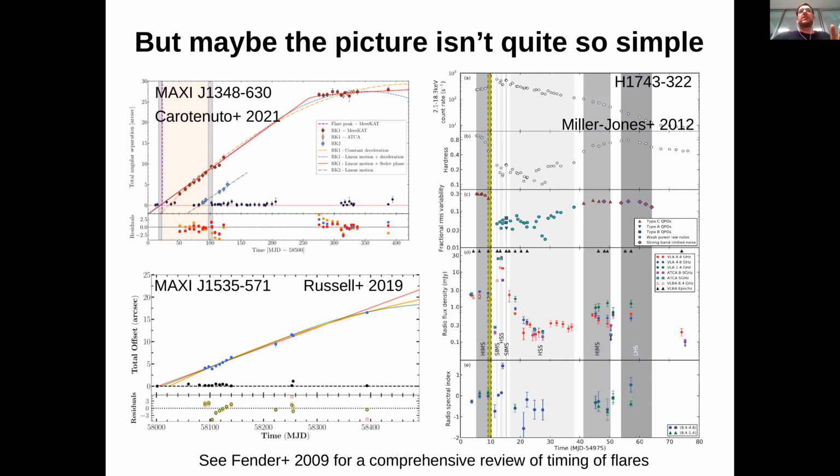However, all of these studies were hindered by either a lack of high spatial resolution radio observations very close to the launching event, which we saw previously can have a really big impact on the results, with two components being launched when we only thought one was launched, or high cadence X-ray observations, where in particular in James's work here, the launching event coincided precisely with a 4-day gap, I think, in the X-ray monitoring.